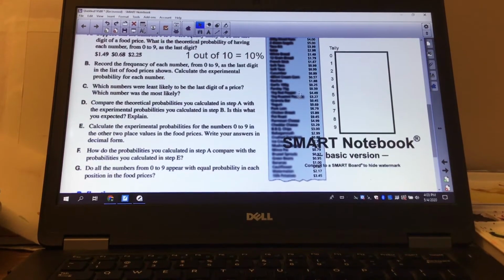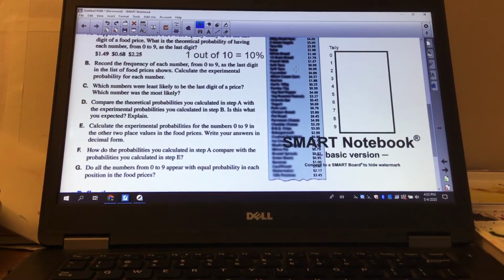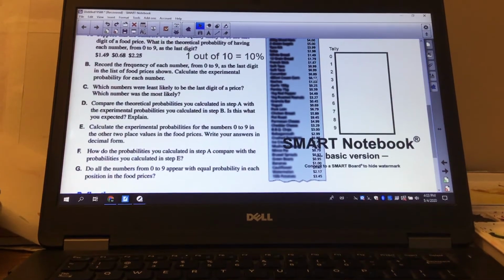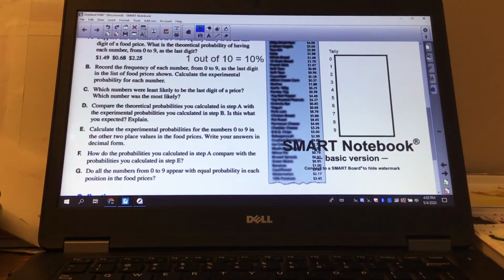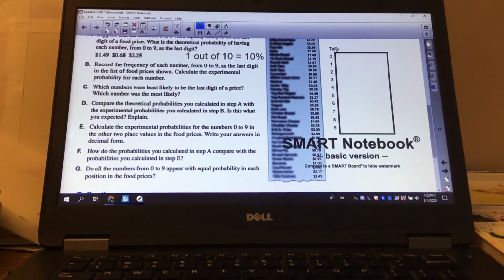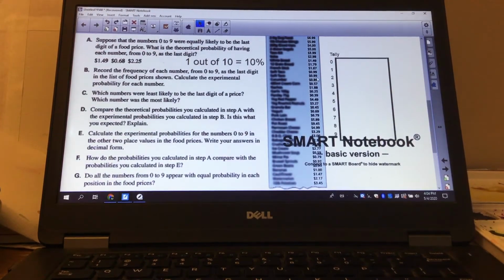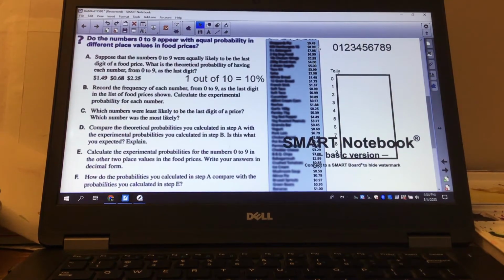So we can see a list of groceries and you can see their prices. So this is now experimental because you can actually do some math with this. Okay, so what I want you to do, I want you to make a tally chart. Looks just like this, 1 through 9, and list off all these numbers.